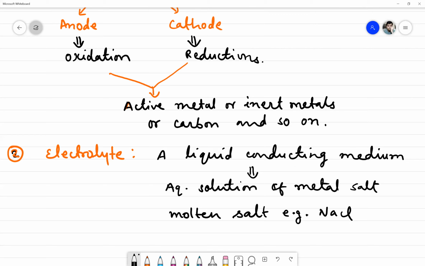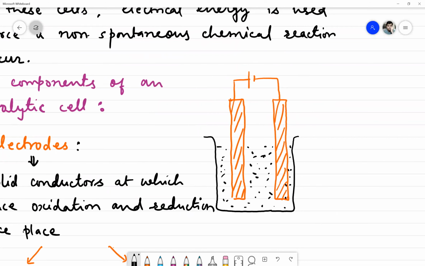Okay, so these are the three components: one is electrolyte and two electrodes, anode and cathode. In an electrolytic cell, anode and cathode are connected to a battery, an external source of electricity. Okay, so in this cell, anode is connected to the positive terminal of the battery.